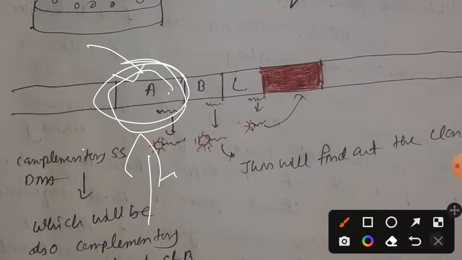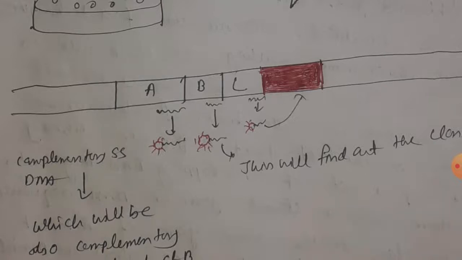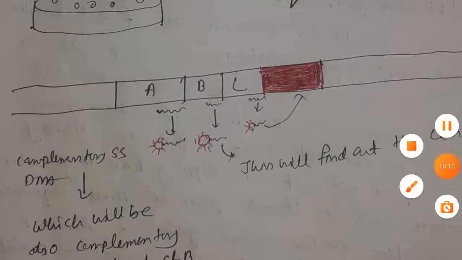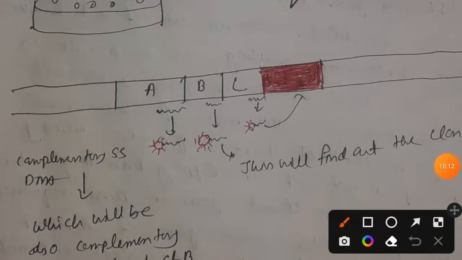I also want to tell you another important thing that I have repeatedly told you during the genomic DNA library lecture: we have to construct the genomic DNA library in such a way that the fragments are overlapping. Why? Because those overlapping fragments will help you.